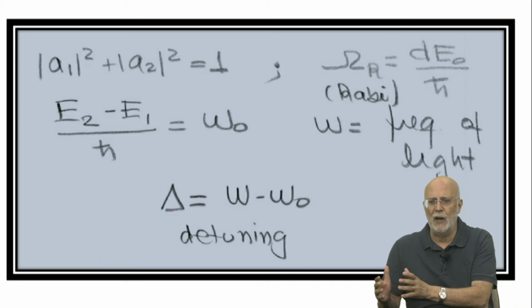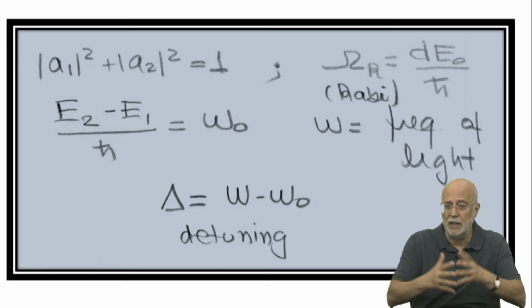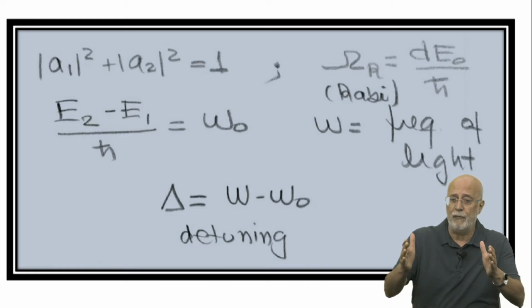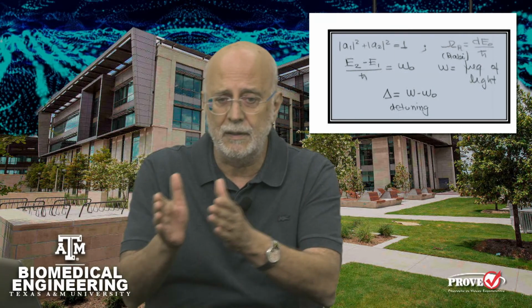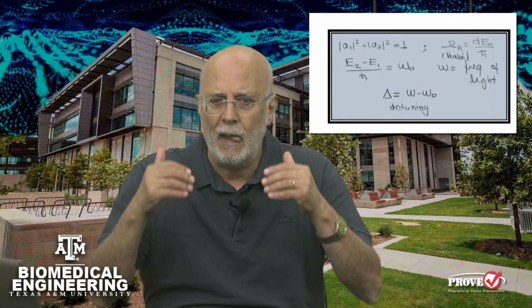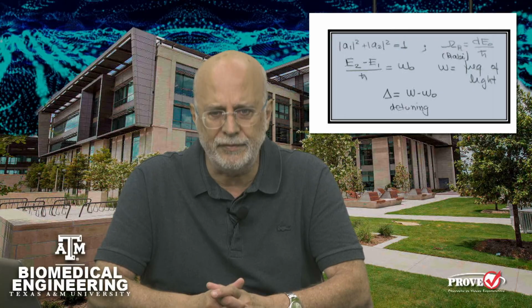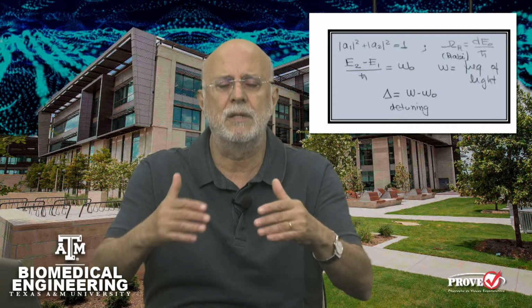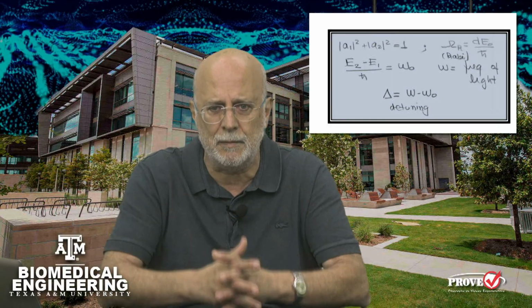This is the natural frequency. And the frequency of light may be different from this natural frequency. This difference we call the detuning: how far the frequency of the light is from the natural frequency. Because in quantum mechanics, energy means frequency. Energy means time variation, the component of the wave that varies in time, which is represented by the frequency.